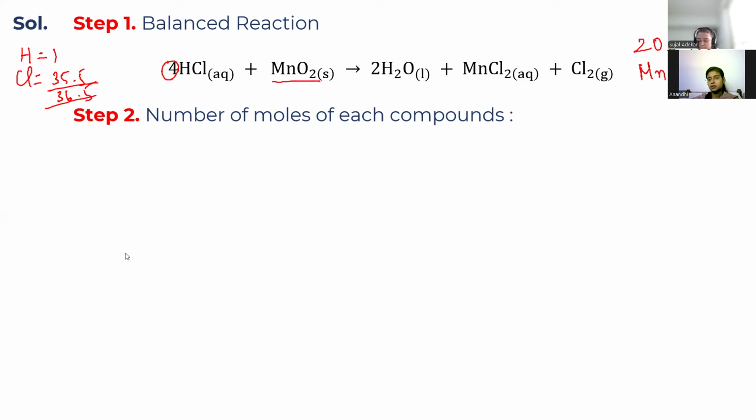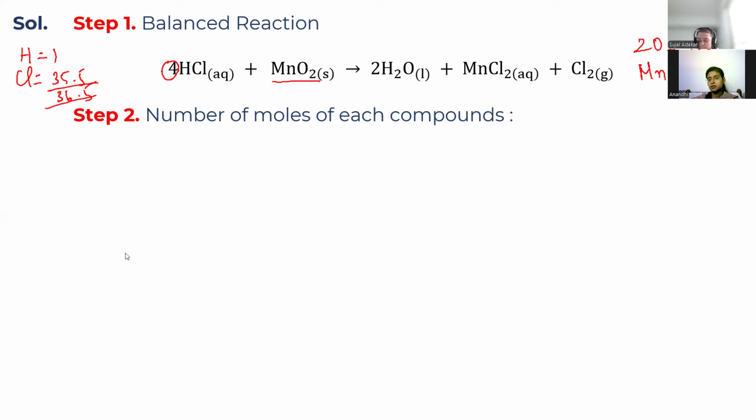So we have got the number of moles for both components. Now what is the third step? The ratio of the number of moles to the stoichiometric coefficient. For HCl, 0.3 divided by 4. For manganese dioxide, 0.1 divided by its stoichiometric coefficient, which is 1.